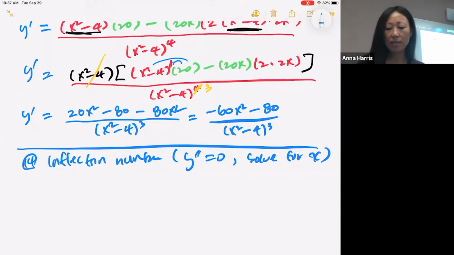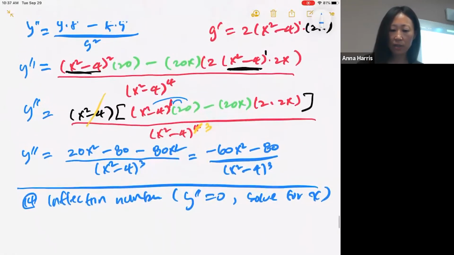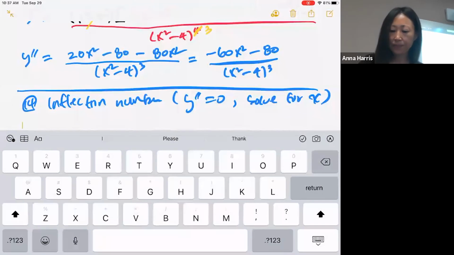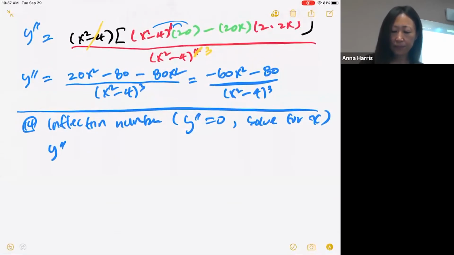So let's look at it. I'm going to see whether we're going to have concavities. So we're going to set the second derivative, excuse me, this would be the second derivative. I forgot to put the second derivative. So the second derivative, I'm going to set it equal to 0.